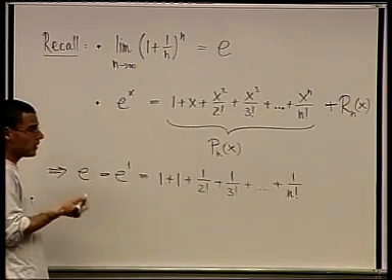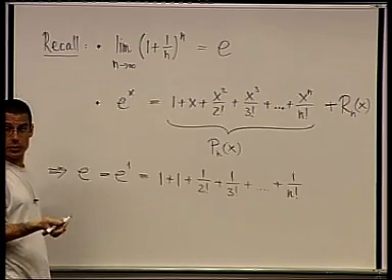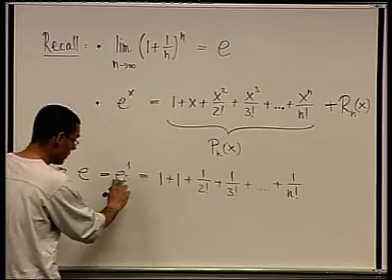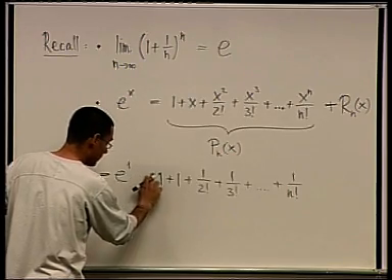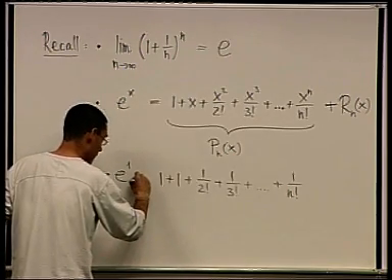And again, that's not going to be an equality. There's going to be a remainder. There's going to be an error. So I'm going to replace this equal sign with a squiggly equal sign.